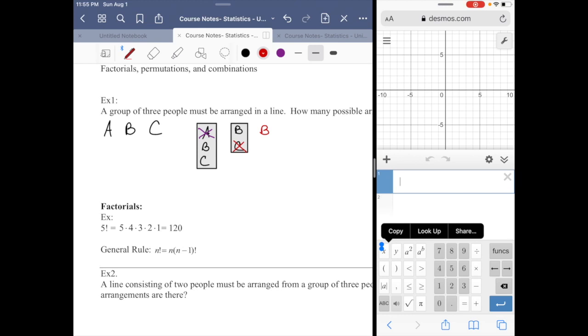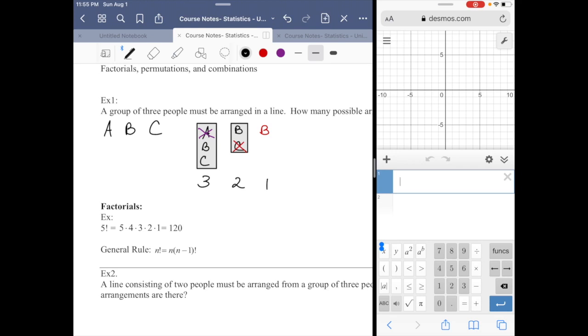All right. So with that in mind, we have any of 3 possibilities for the first position, any of the 2 remaining people for the second position, and whoever's left over would occupy the third position.